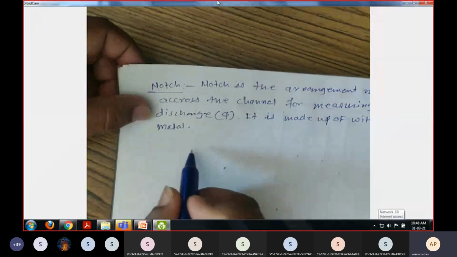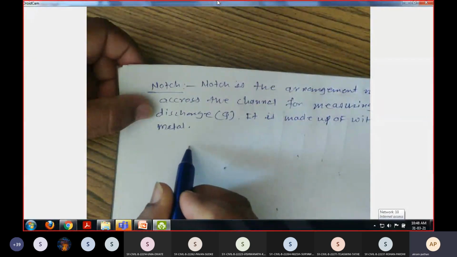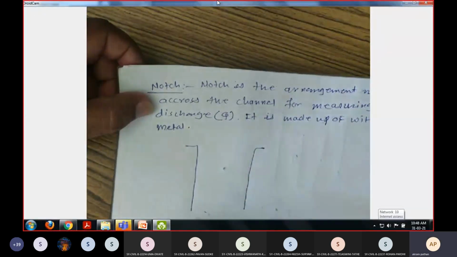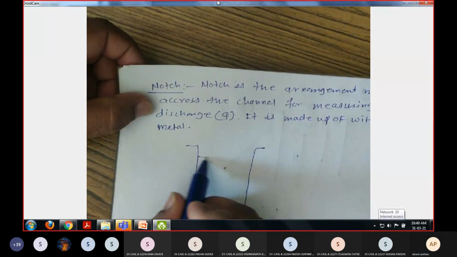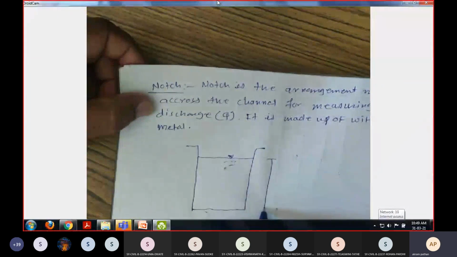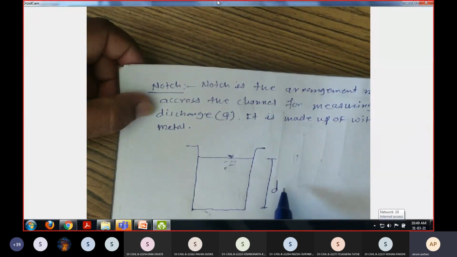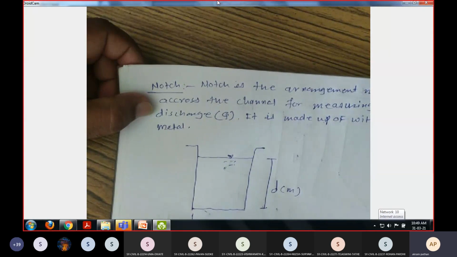For example, we have a rectangular channel, the depth of the channel D or H in meter, and we have the width of the channel in meter.